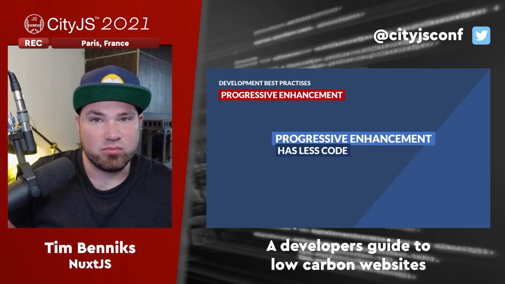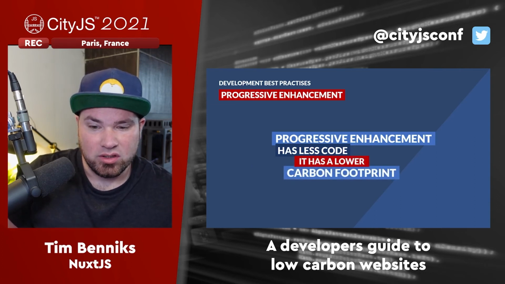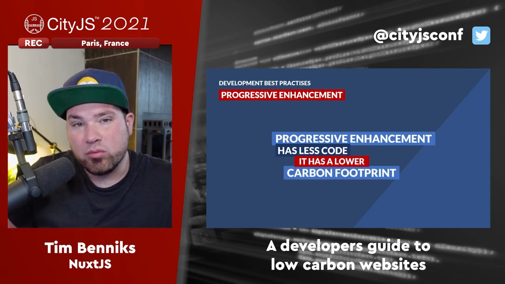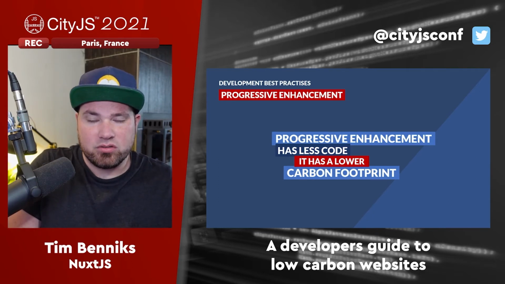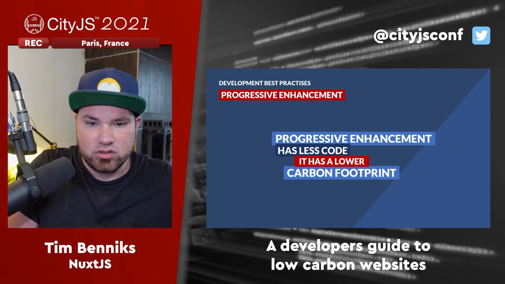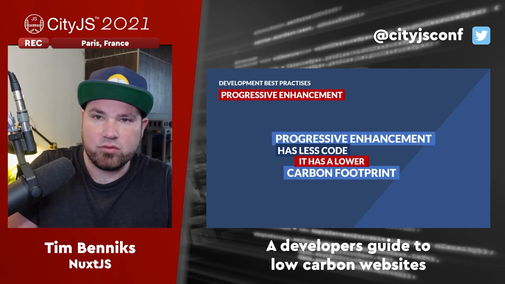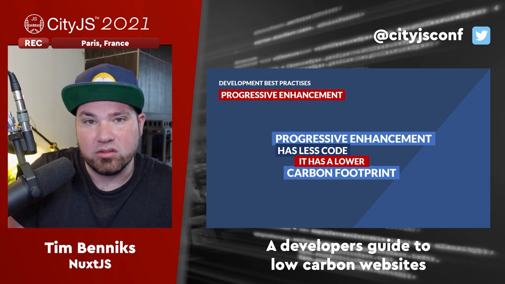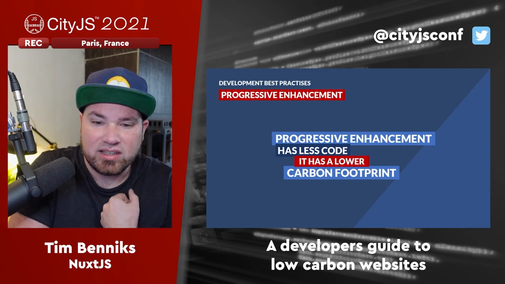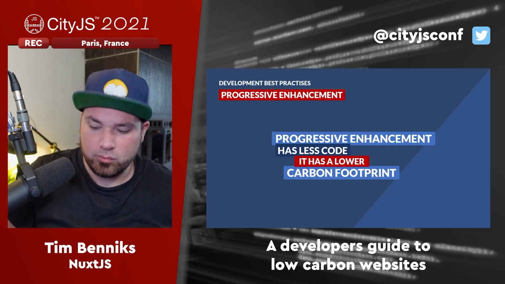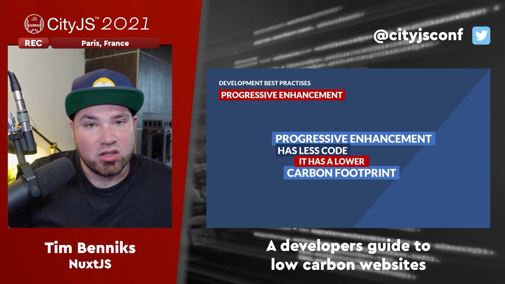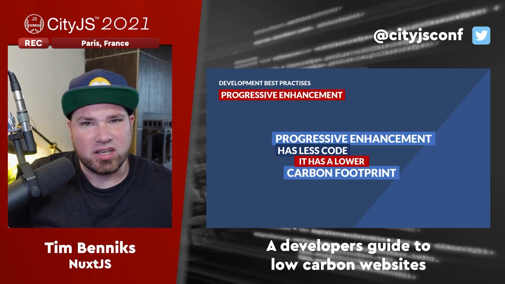Because progressive enhancement has less code and therefore has a lower carbon footprint. And this is also just a best practice, like mobile first, start like that, content first. Now, content first actually thinks about having no internet or no touch or things like that. And if you do that properly, you just need less code to get where you want to be. So this is a hard one because it's not easy to build this kind of stuff, but keep it in mind.